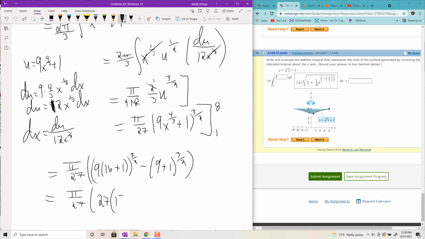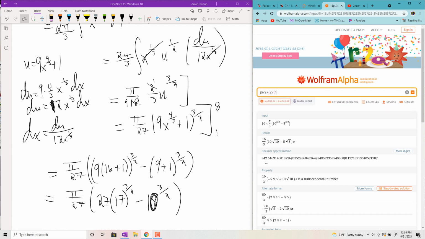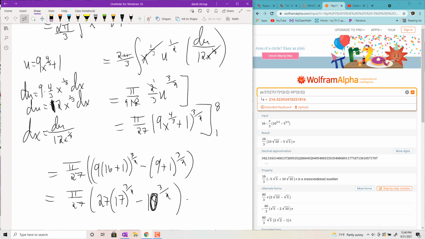Then you have 17 to the 3/2 in here, minus 10 to the 3/2, I guess. Ugh. Hopefully this will be right. I have my doubts. 27 times 17 to the 3/2 times 7 to the 3/2. 216.524.